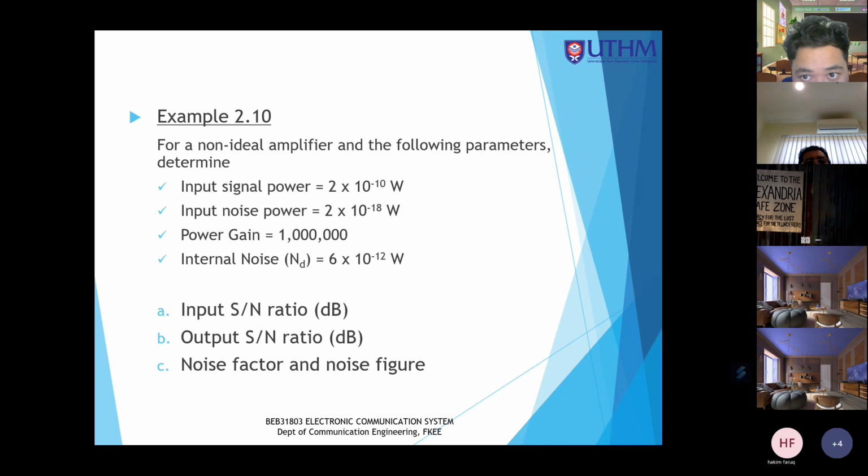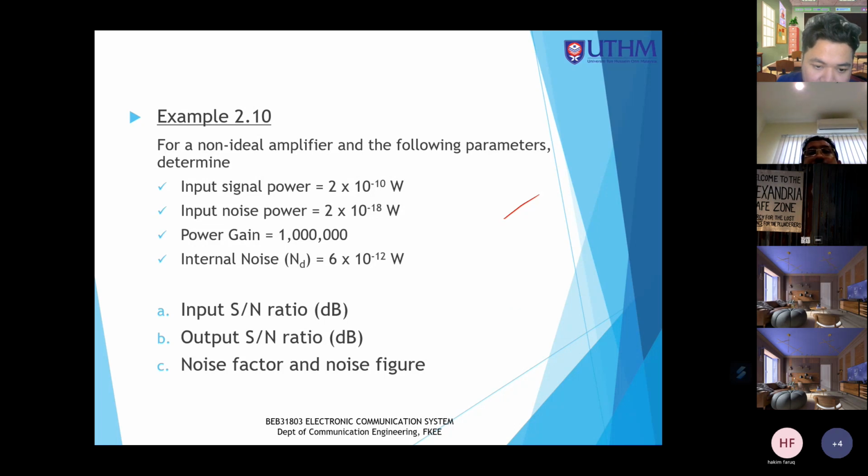Okay, kalau tidak ada soalan, kita boleh lihat another example. So example 2.10, for a non-ideal amplifier and the following parameters. Ini pun kita pernah tanya dalam previous semester's test a long time ago, yang mana kita bagi soalan tu exactly the same as in these notes.